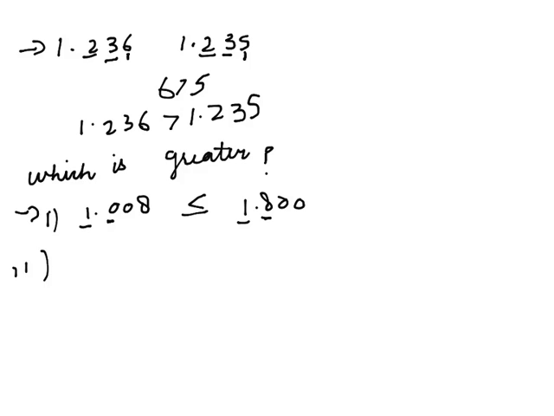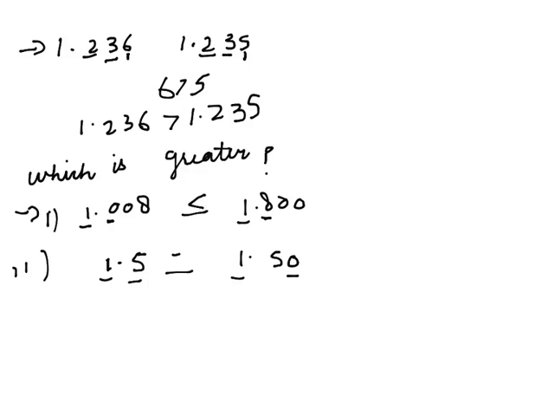Let's take another example. Here we have 1.5 and 1.50. The whole number is 1 in both cases. The 10th place is 5. In the first number we have nothing at the 100th place, and here we have 0 at the 100th place. We already know a 0 after a decimal point doesn't make any difference in the numerical value. So we can write it as 1.50 also.